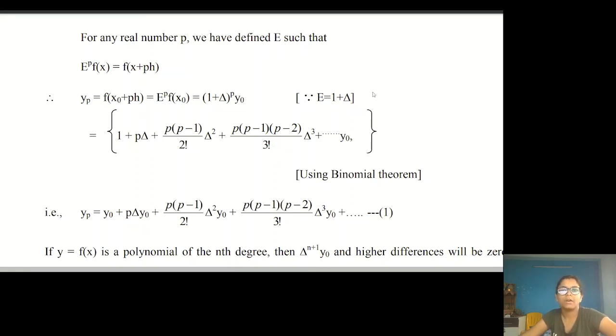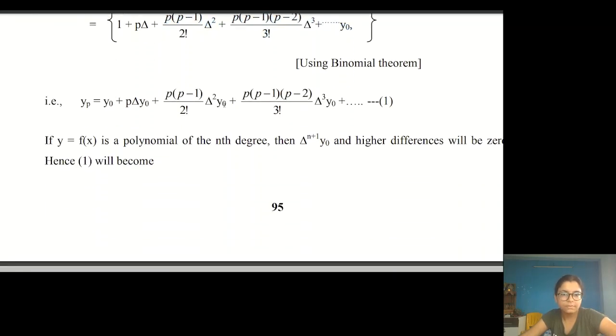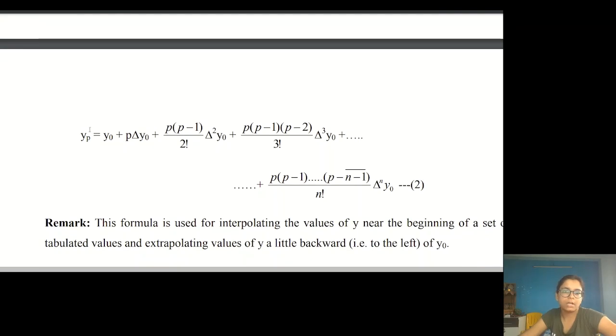We used the relationship E is equal to 1 plus delta to get an equation like this, and with this we would say that this is our actual interpolating formula, which is Newton's forward interpolation formula.